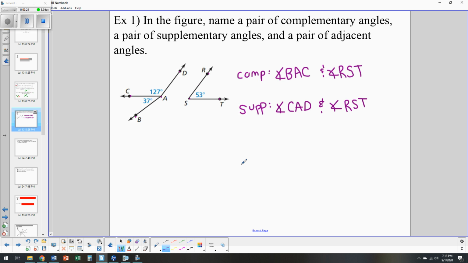For a pair of adjacent angles, I need angles that share a side. So I notice here, this segment AC, or ray AC, is common to both angle BAC and CAD. So for my adjacent angles, we're going to say angle BAC and angle CAD.